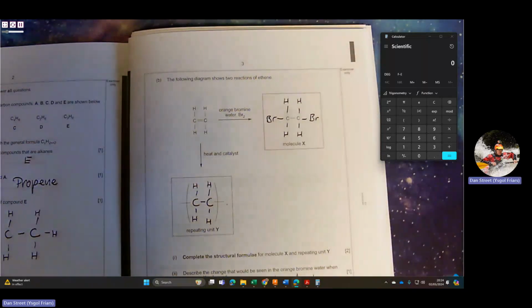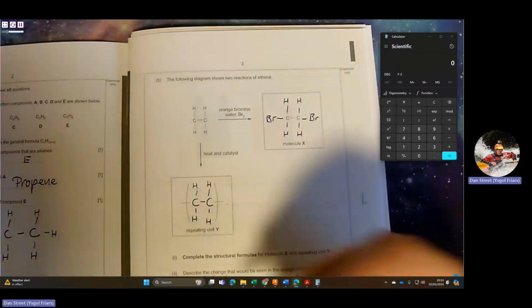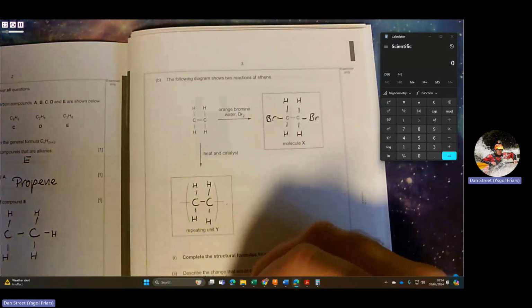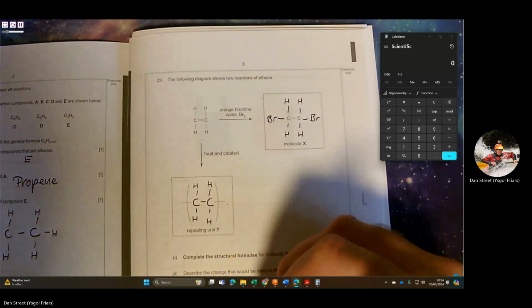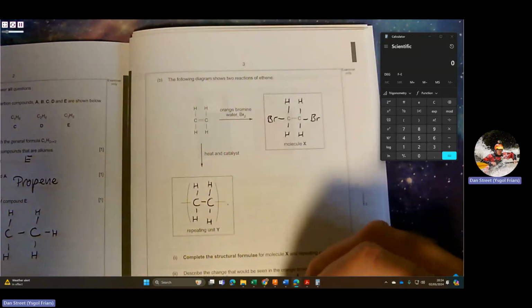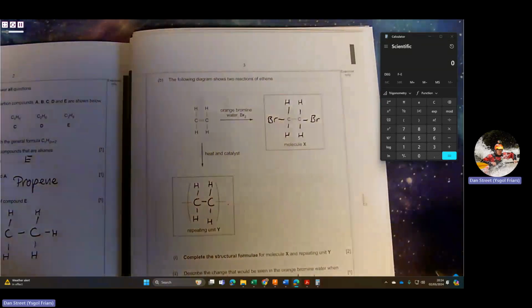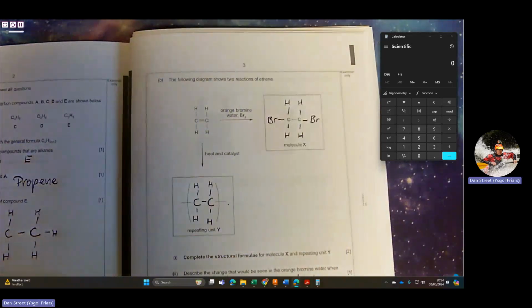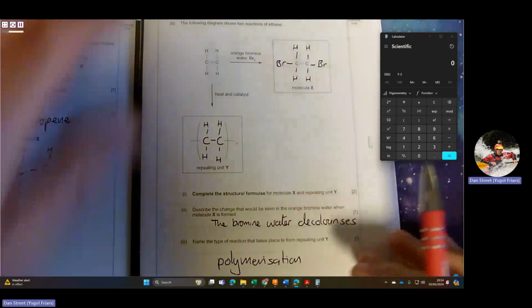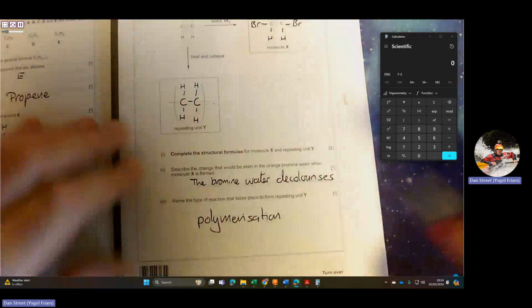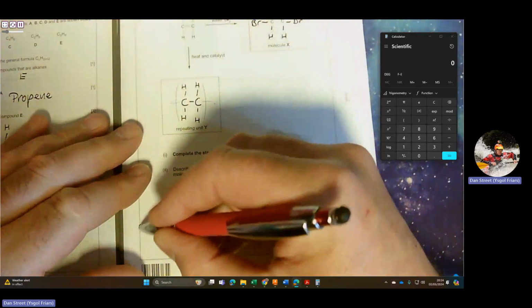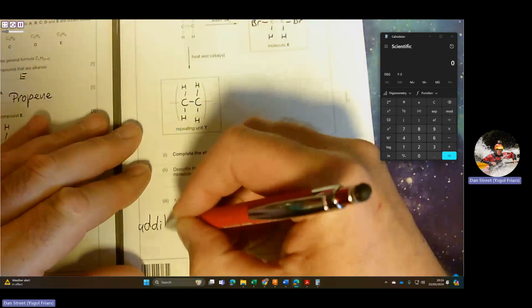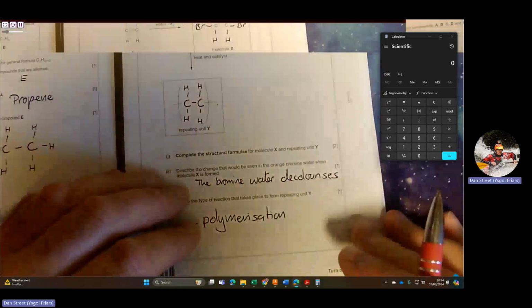Name the type of reaction that's taking place to form repeating unit Y. Well, that would be polymerization. Whilst it's the only type of polymerization at GCSE, its full name would be addition polymerization, because you're simply adding molecules together. So addition polymerization.